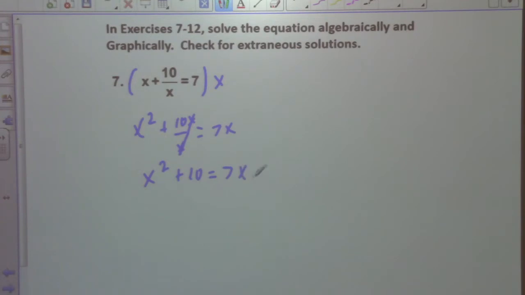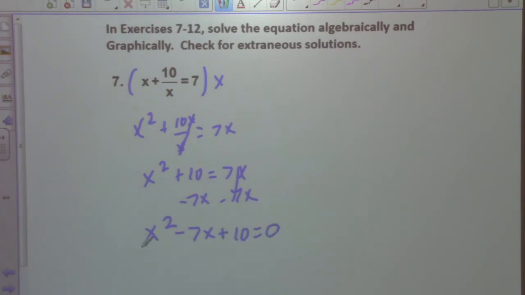And then what's our next step in solving this? Subtract the 7x. What we're trying to do is see if we can solve by factoring, so we don't have to have happen to us what happened yesterday on problems 4 and 6, which were quadratic formula problems.